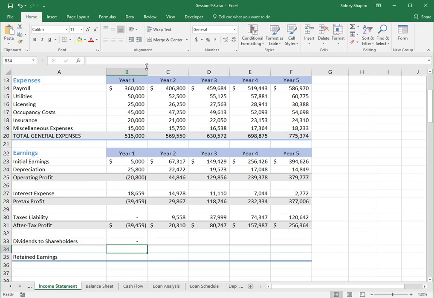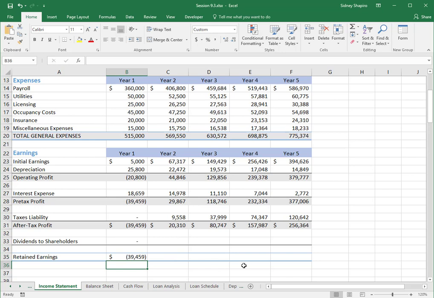In cell B35, let's put in equals B31 minus B33. So we're taking our after-tax profit and we're deducting our dividends to shareholders. And let's hit enter.